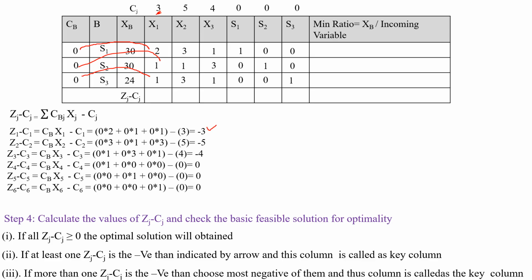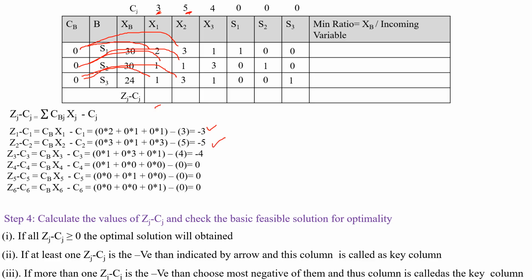So Z1 minus C1 for the x1 variable is minus 3. Next we calculate Z2 minus C2 for the variable x2, which becomes 0 into 3 plus 0 into 1 plus 0 into 3 minus 5, which is equal to minus 5.